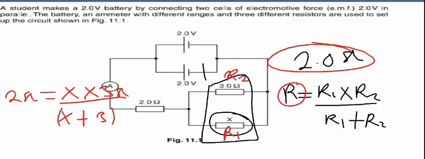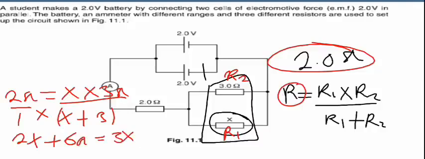So when I multiply here, I'm going to get 2X plus 6 ohms being equal to 3X. Since these two are like terms, this 2X is going to cross the equal sign, then I'm going to remain with 6 ohms being equal to 3X minus 2X.